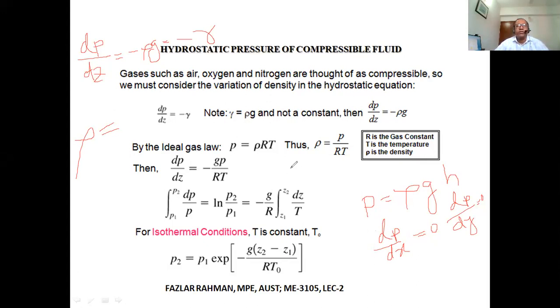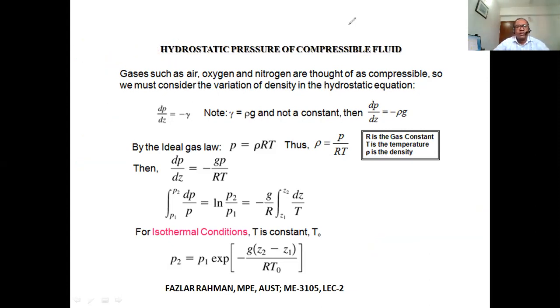Though most of the time we'll talk about incompressible flow, in part B Soshishar will teach you some compressible flow. Then you might need to apply some knowledge of what this equation will be if the flow is compressible.